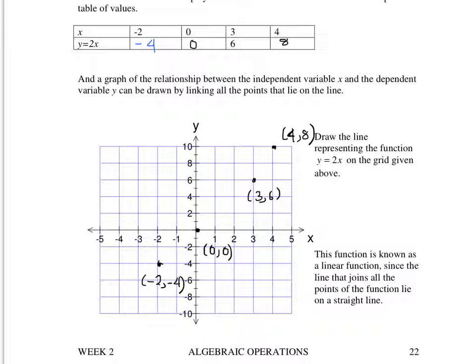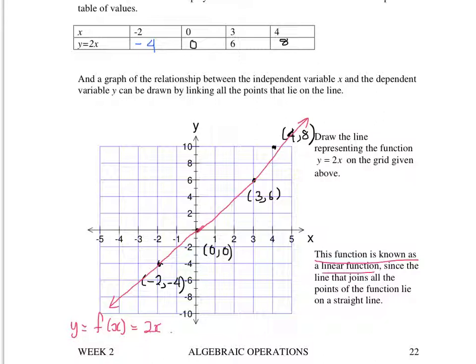What do you notice about all of those points? If I had a nice straight ruler, they'd lie on a nice straight line, which follows the rule y is equal to 2x. So I can actually write that y, which is a function of x, is equal to 2x. It's known as a linear function. There it is there, a linear function.